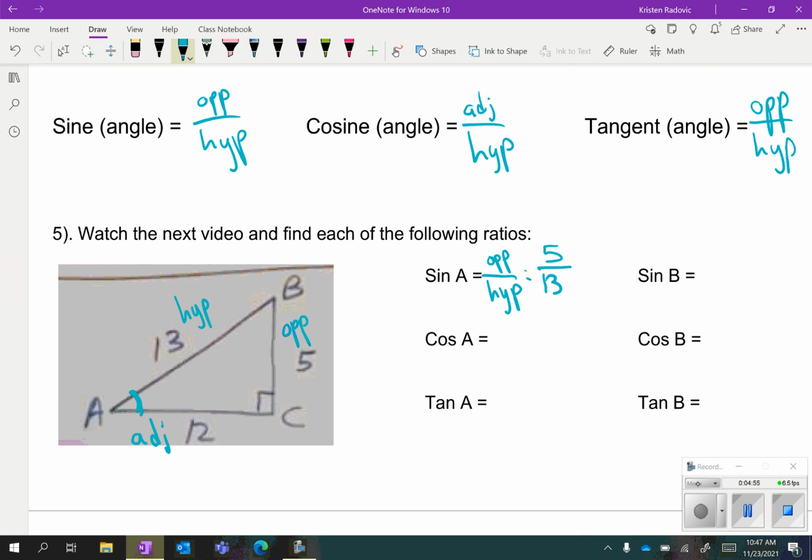Cosine, so CAH, which is adjacent over hypotenuse. The adjacent is 12, my hypotenuse is 13. And then tangent, which is TOA, is opposite over adjacent. And that's going to give me my opposite is 5, my adjacent is 12.